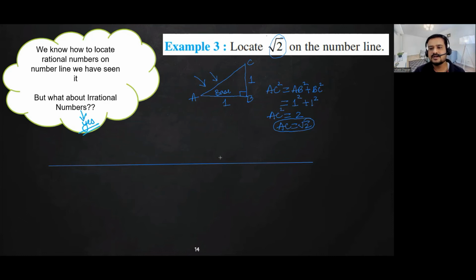Arya, we can plot it as 1.414, but 1.414 has more values after it, and we don't get the exact value here, so do it this way only. Don't convert it to decimal and plot it, that is wrong, absolutely wrong.